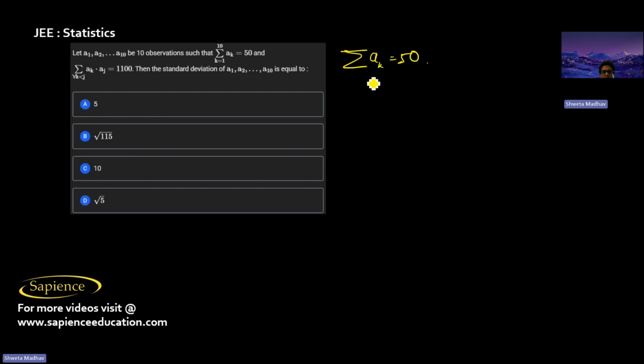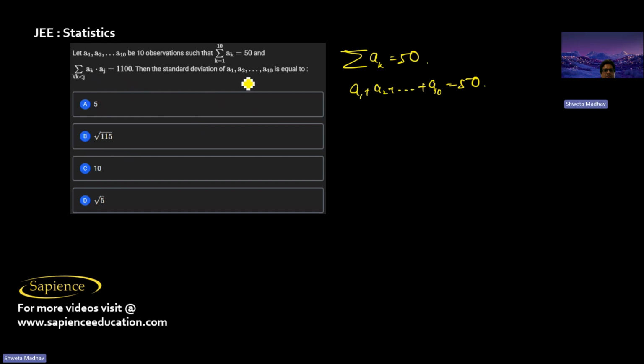So A1 plus A2 plus dot dot plus A10 is equal to 50. And summation AK into AJ is equal to 1100 for all K less than J.